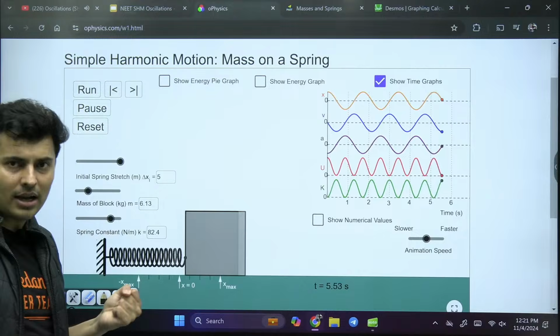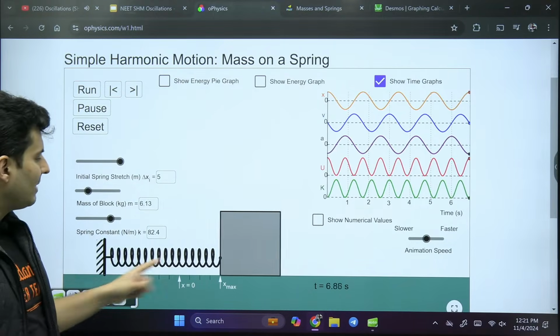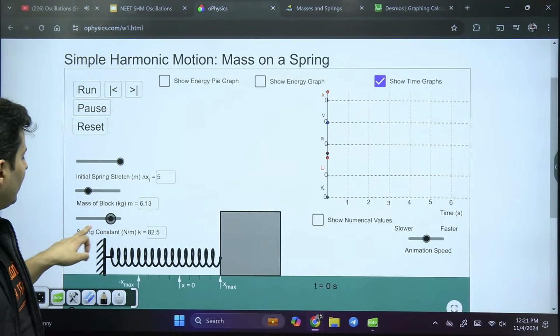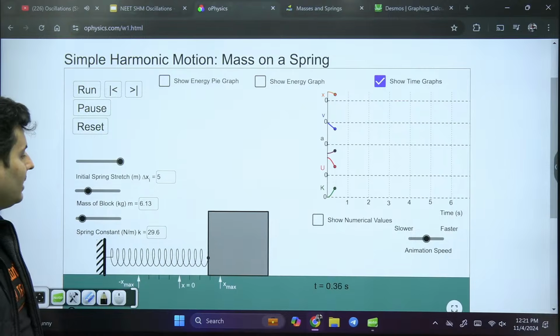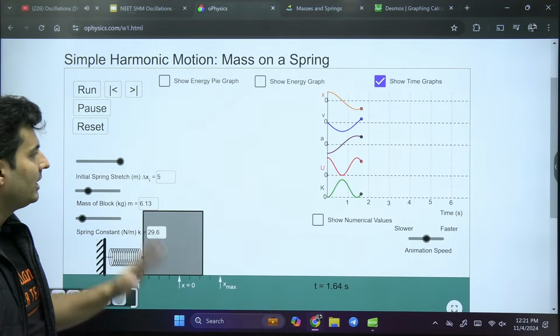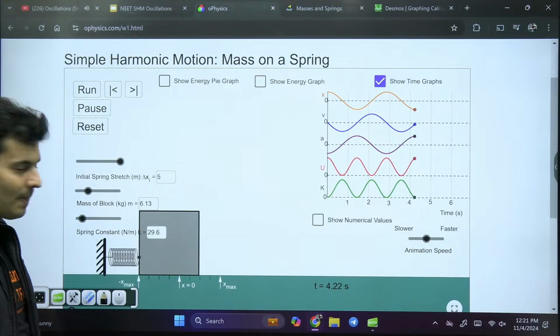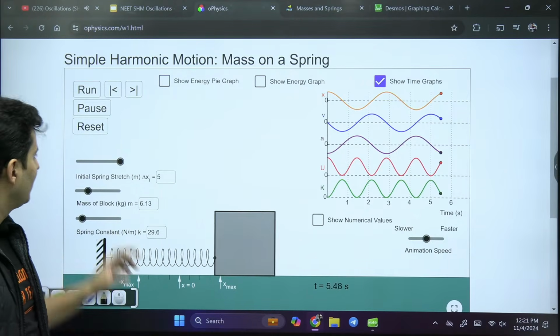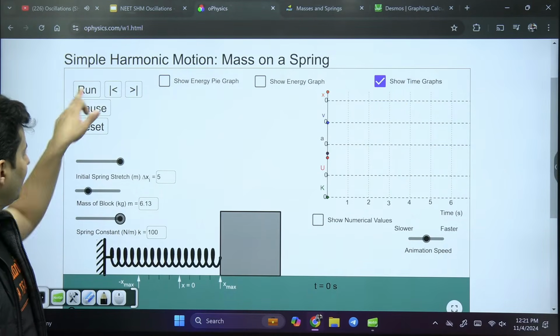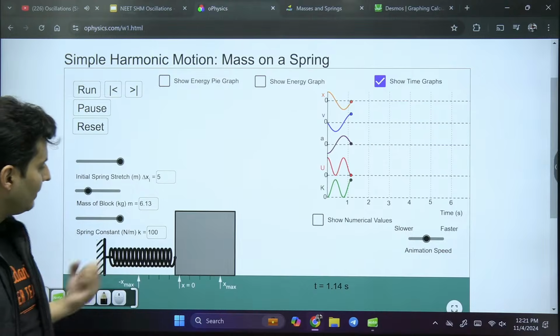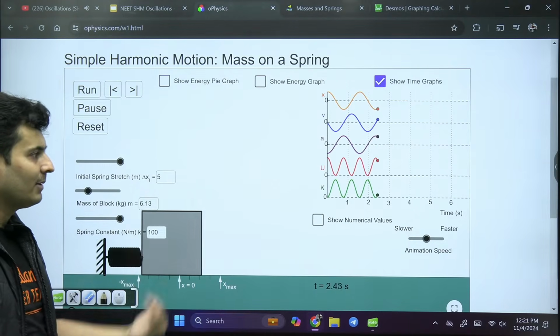It will pull it back with a large force. It is coming back really quick. If I reduce this, it will come back very slowly. See, slowly it is coming. If I again increase the value of k and run it, it will come back a little bit quicker.